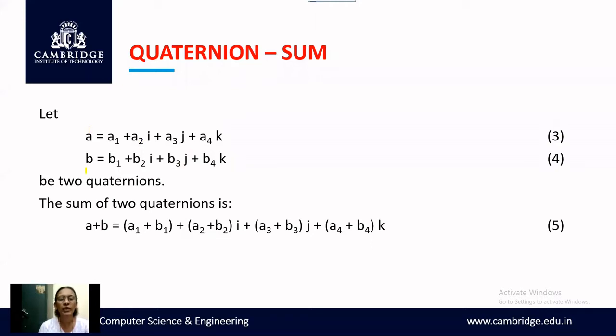Then the sum of A and B is given by adding the corresponding components: A1 plus B1, plus (A2 plus B2) into i, plus (A3 plus B3) into j, plus (A4 plus B4) into k. So the sum of the two quaternions is given by the sum of the corresponding parts.